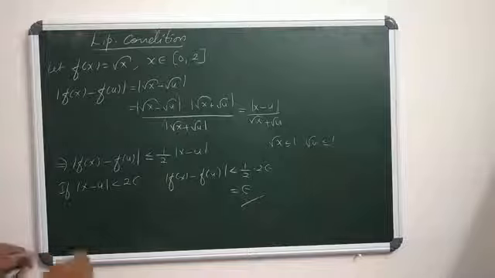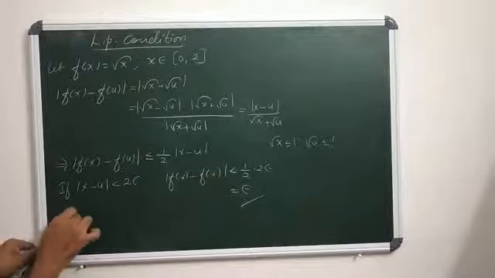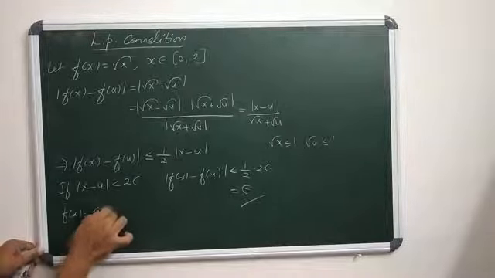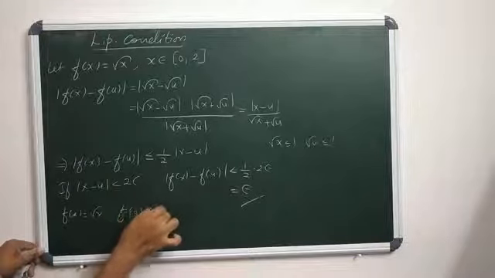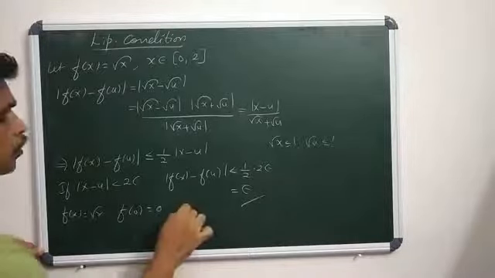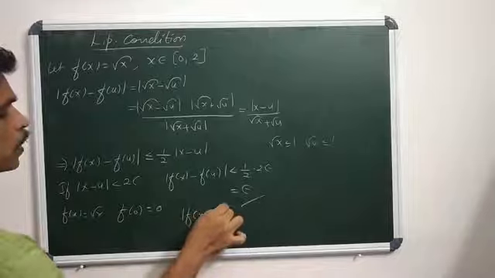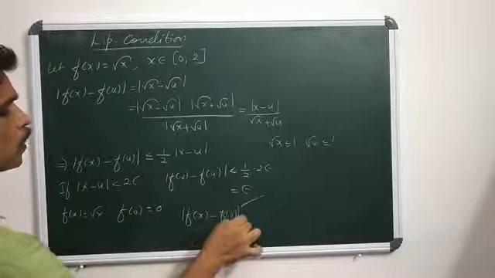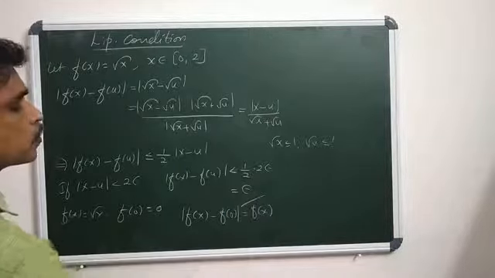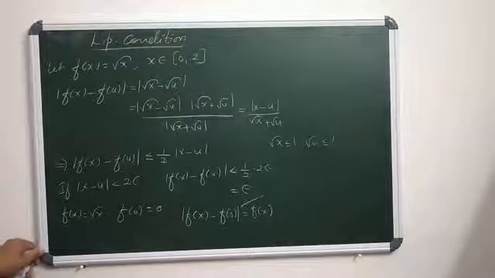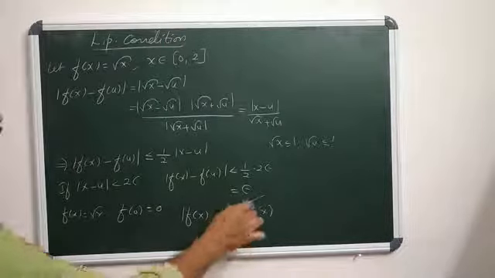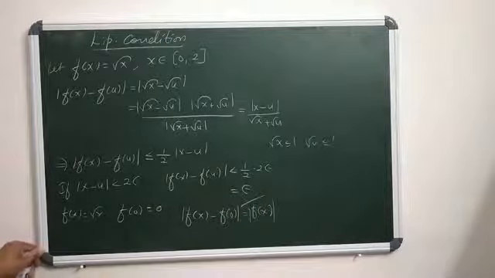But f of x equals root x. What is f of 0? It is 0. So modulus of f of x minus f of 0 equals modulus of f of x.